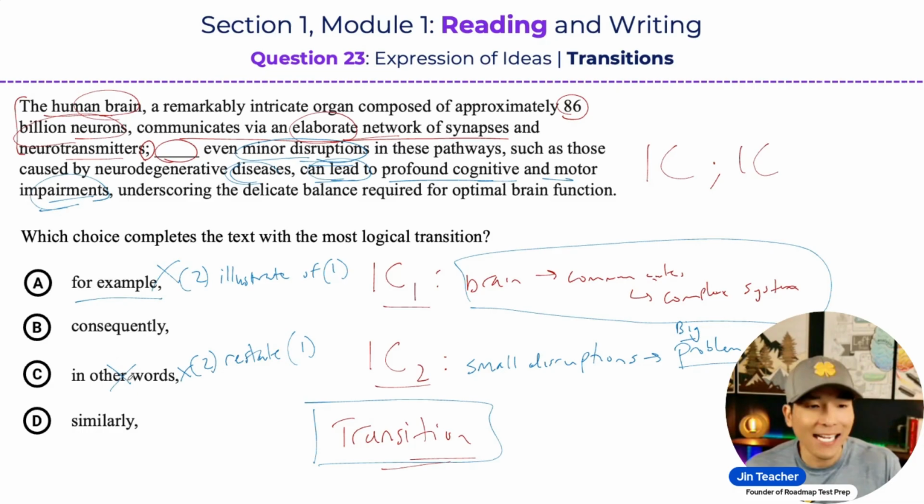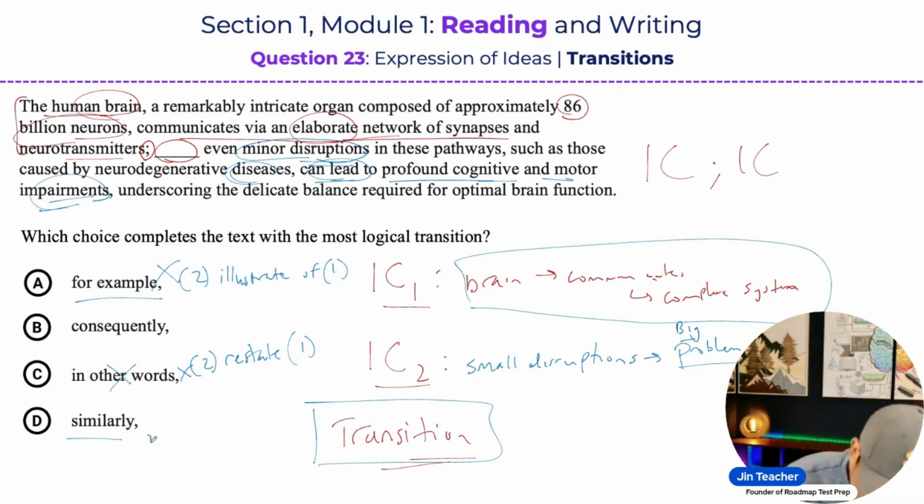And then similarly, how "similarly" is used precisely is that the second sentence gives you a comparison. It compares a different topic to the one mentioned in the first sentence.